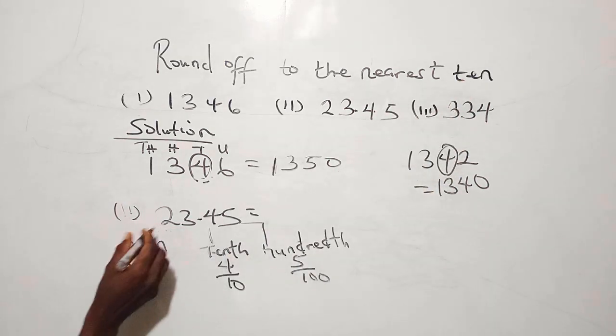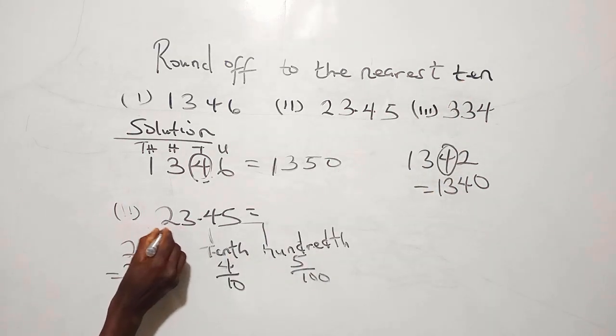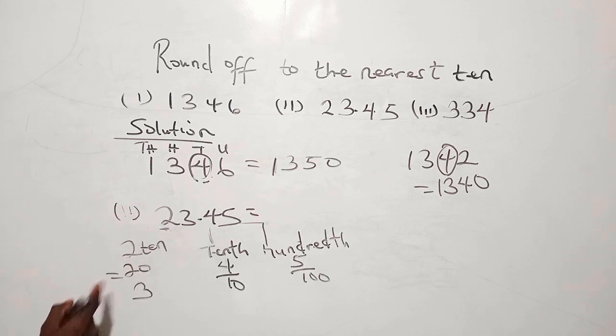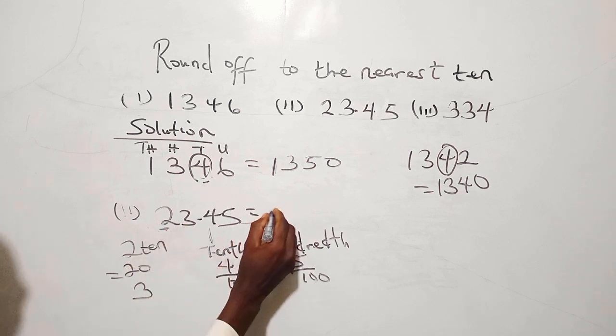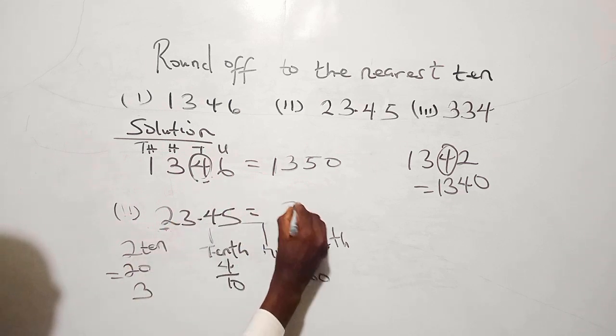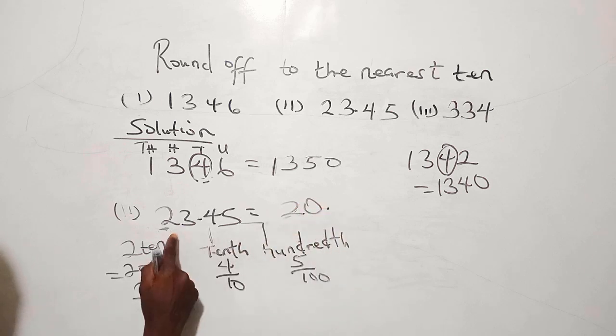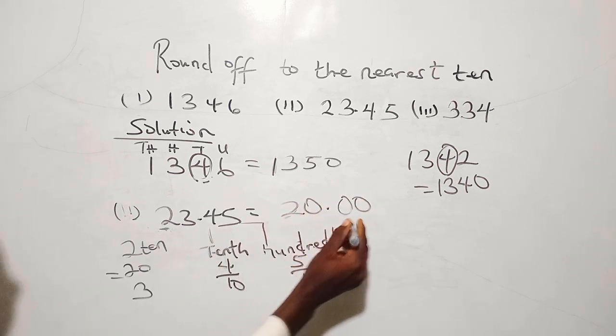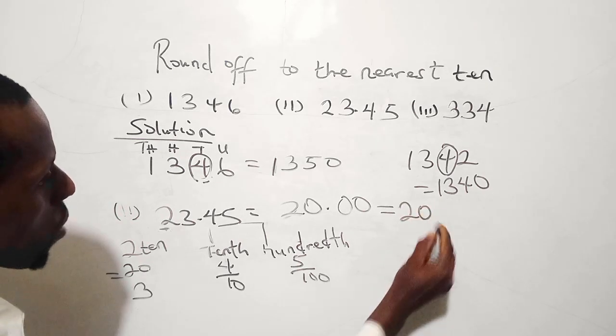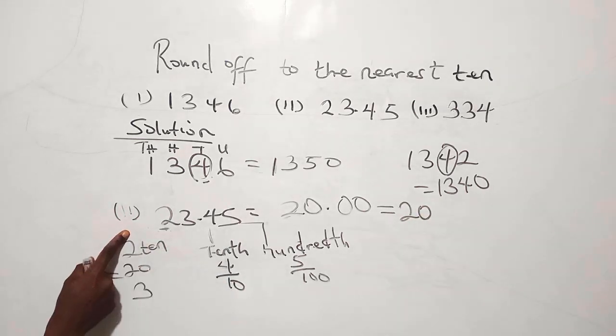So our position here is the tens position, which is 2. We can't round up from here because the next digit is not up to 5. So here we have our result to be 20. Every other number turns to 0, so 20.00 is still the same as saying 20.